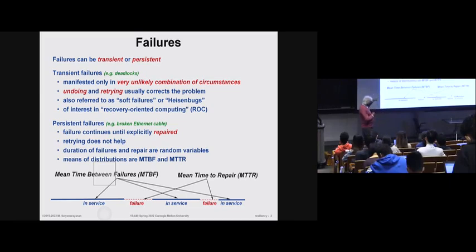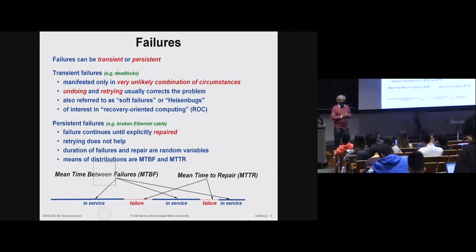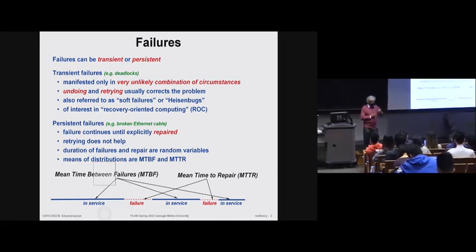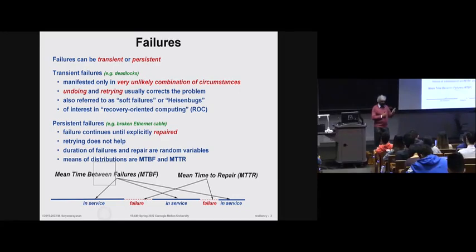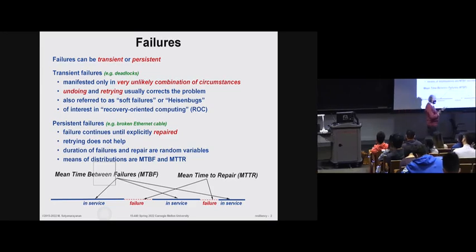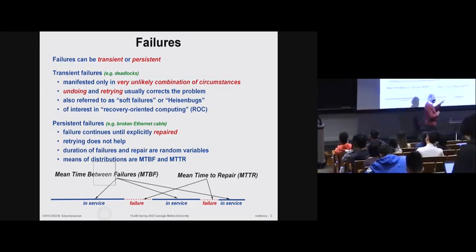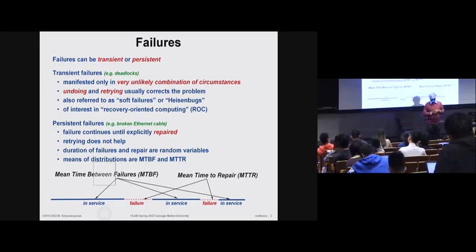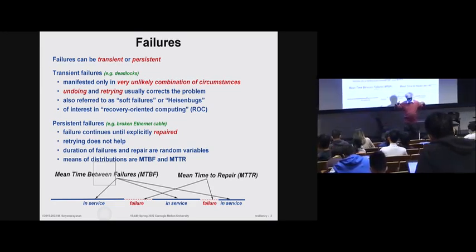So these are distributions that characterize individual components, hardware and software, and infrastructure and operators, right? All the components involved. And they also characterize the higher level service that is built out of them.